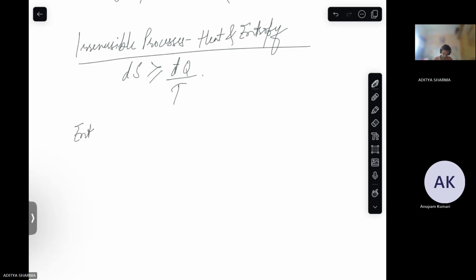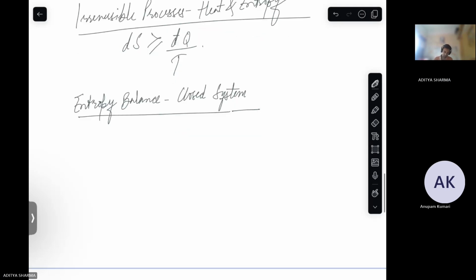So this is this. Now one important term in this expression is your sigma, right?